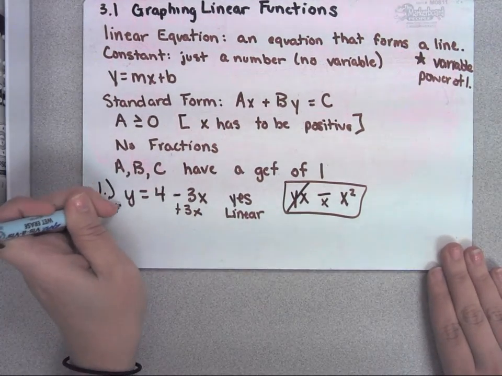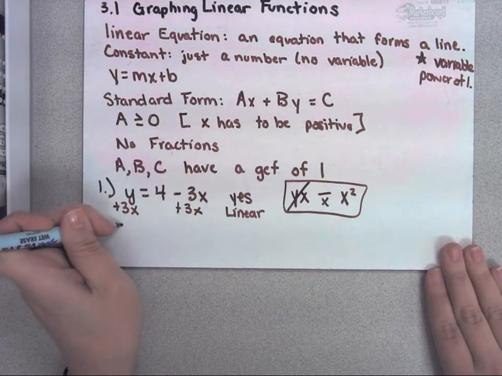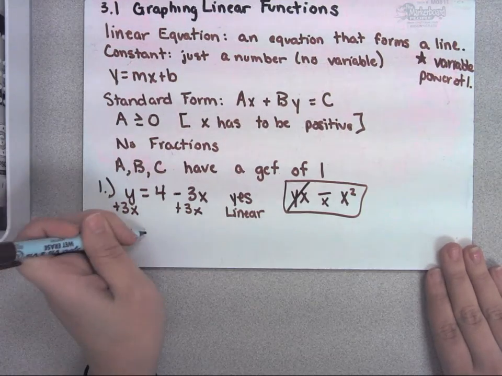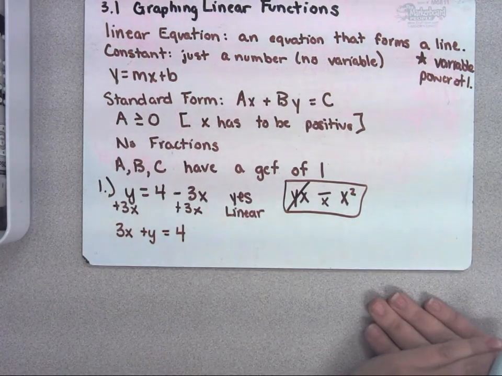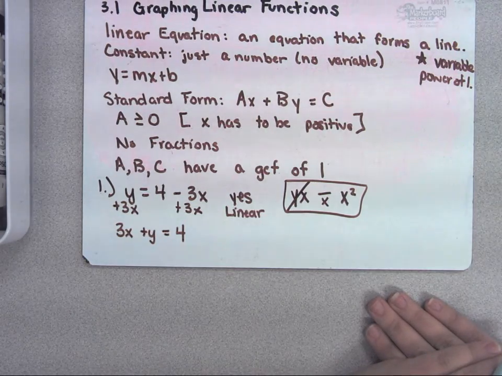Just move on over. So now I have 3x plus y equals 4. Now are x and y on the same side? Do I have no fractions? Perfect. Do I have a GCF of anything other than 1? No. How do I know that?